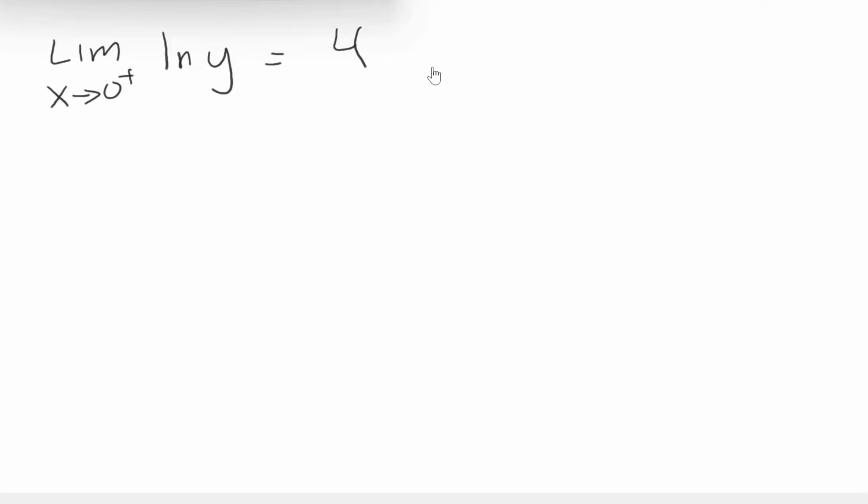So if I take and change y to be e to the ln of y, because that would just cancel itself out, right? Sorry, not x, y. y is e to the ln of y. Because if I cancel out the e and the ln, I'm going to get y, right?